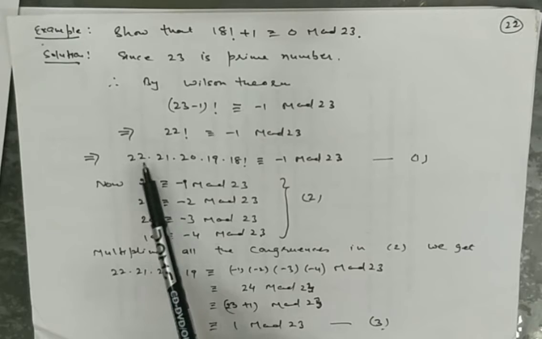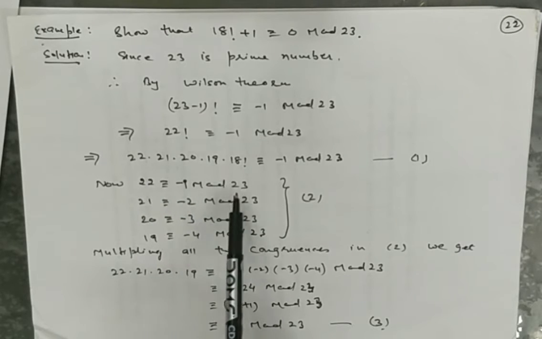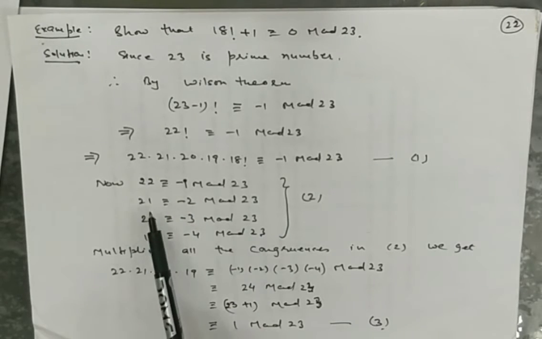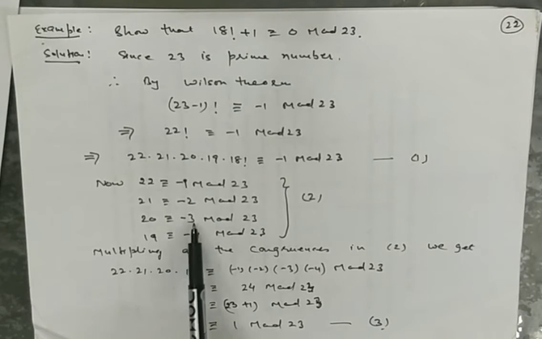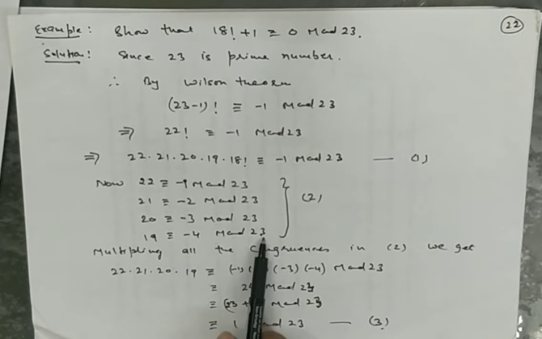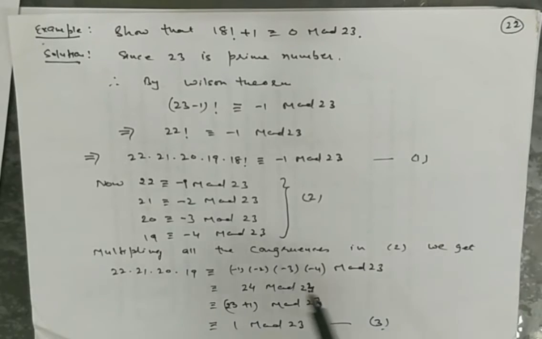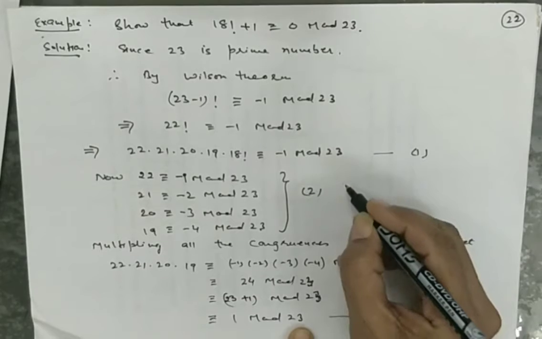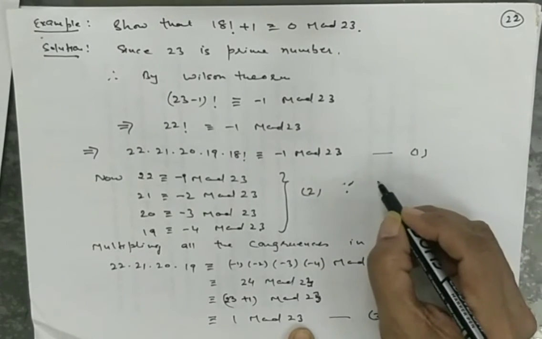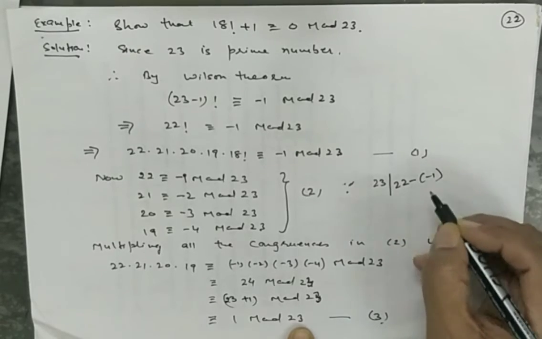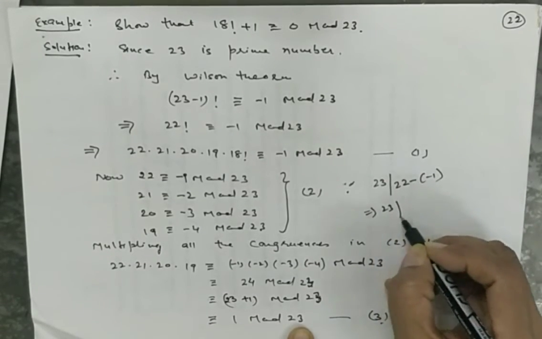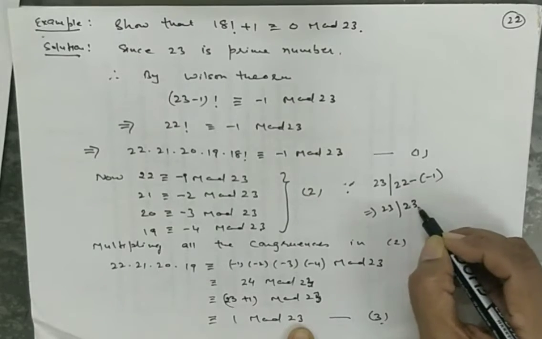Now we see that 22 is congruent to minus 1 modulo 23. Also 21 is congruent to minus 2 modulo 23. 20 is congruent to minus 3 modulo 23, and 19 is congruent to minus 4 modulo 23. We can prove this because 23 divides 22 minus (minus 1), that is, 23 divides 23.